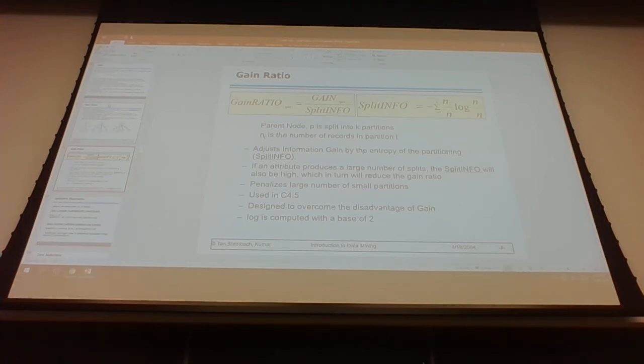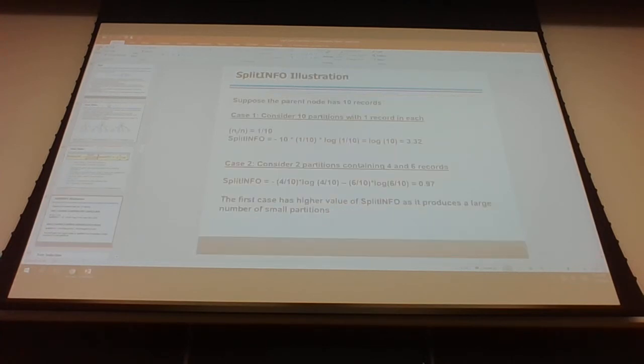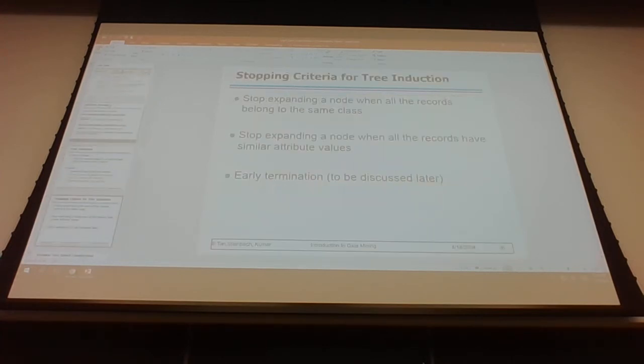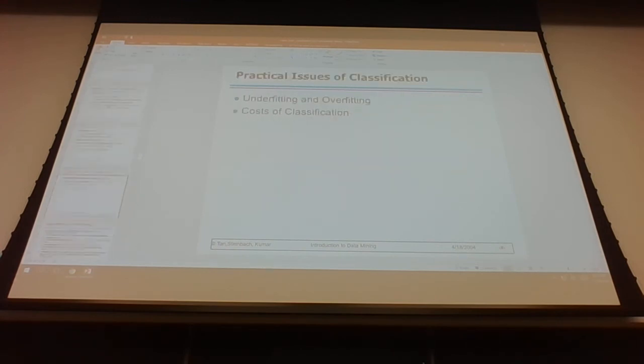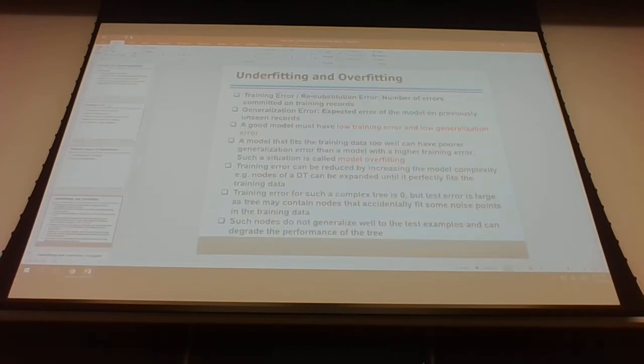If you look at it, it turns out to be the entropy of the split. So that is what we discussed last time.